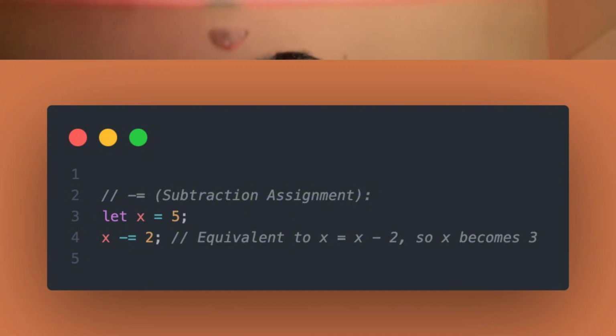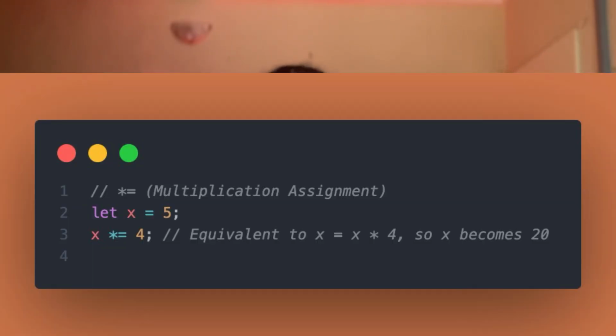So our result here will be x equals 3. And we have the multiplication assignment, the star equal operator. Of course, it follows the same pattern. It multiplies the variable by the value on the right and assigns the result to the variable. So if we have x *= 4, our x will become 20.